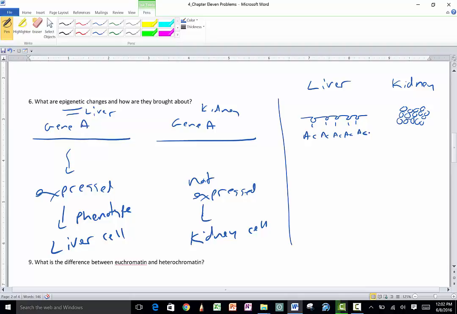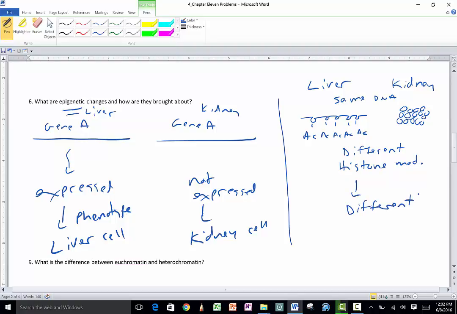And this modification of the histones is additional information on top of the DNA sequence. So same DNA sequence, but now we've got different histone modification, and that leads to a different result.